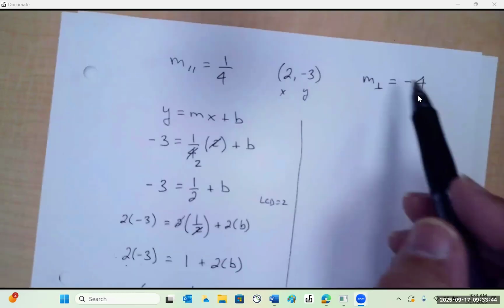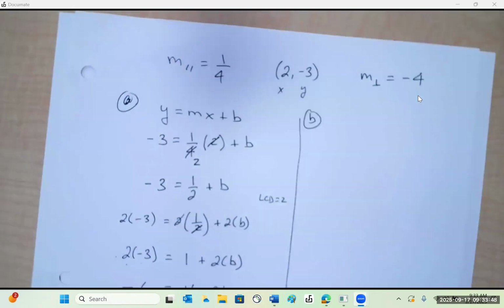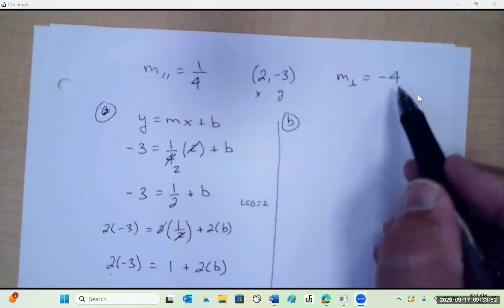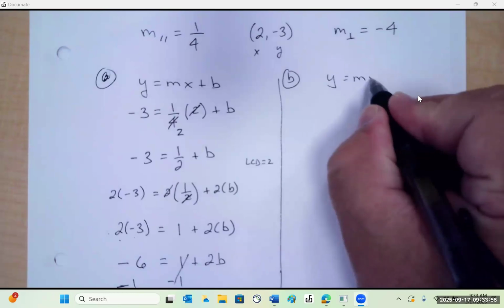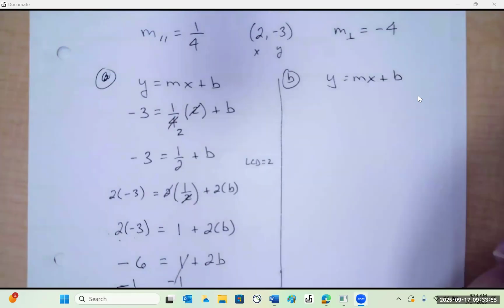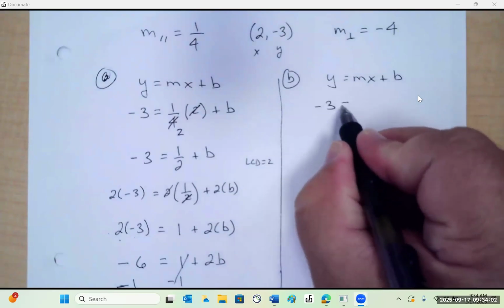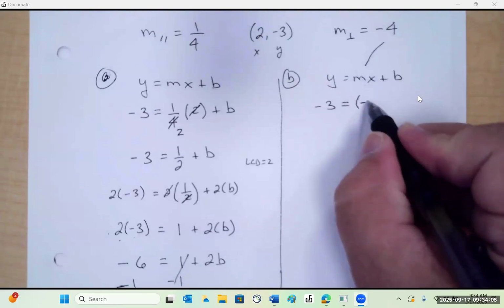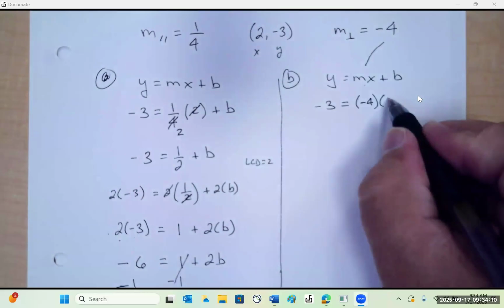So let's do part B. This is part A. This is part B. This one, we use the perpendicular slope. We know what y is. It's -3. We know m is -4. X is 2.